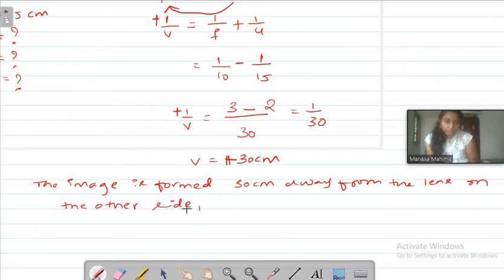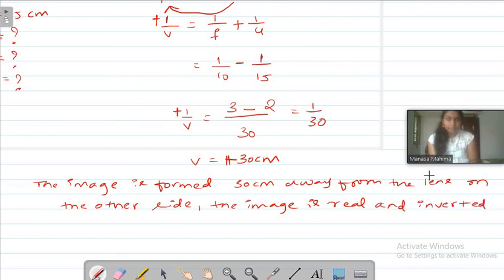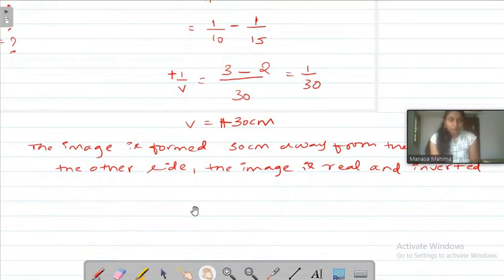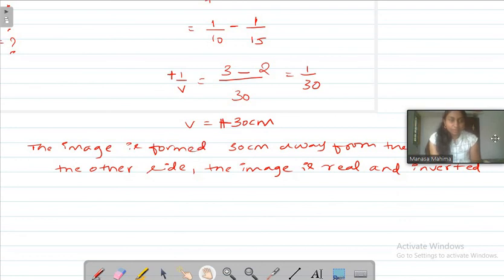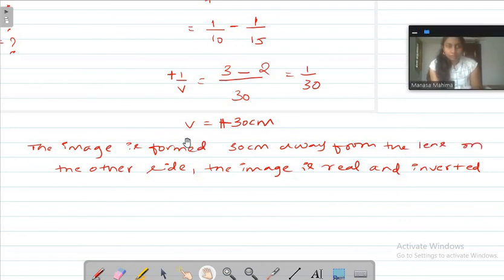Since we are getting a positive sign, the image is real and inverted. For a convex lens, we generally get real as well as inverted images. So from that guess also you can write it, or by seeing the value of v, we can write the sentence like this.